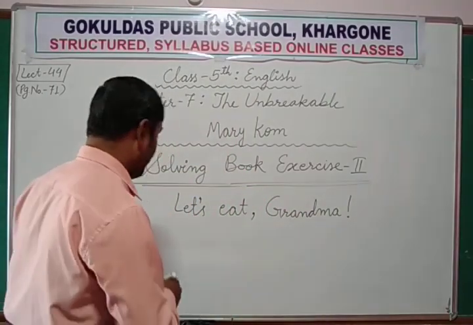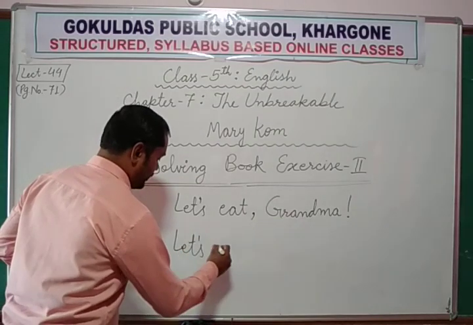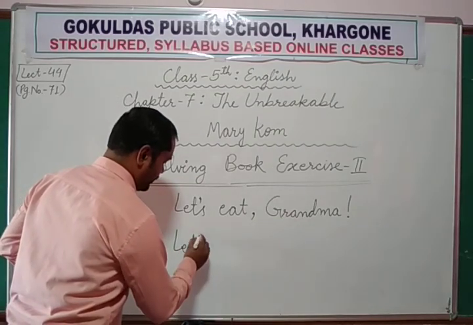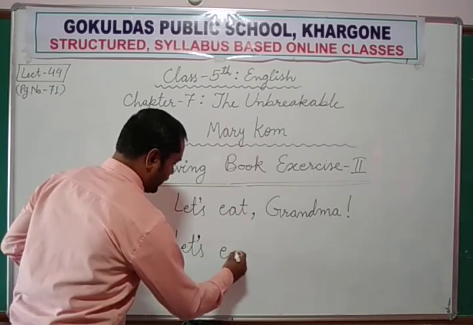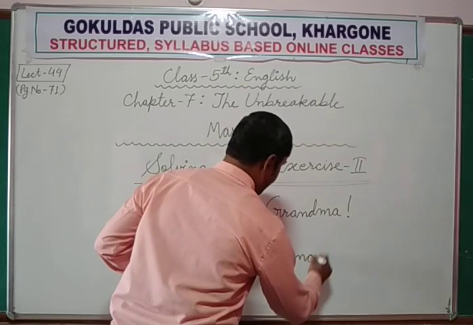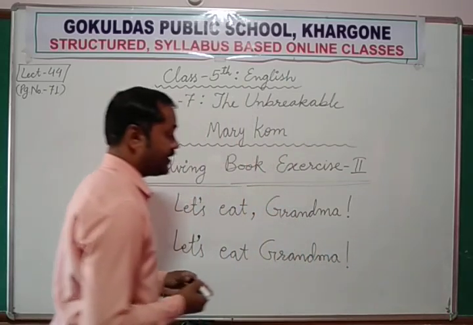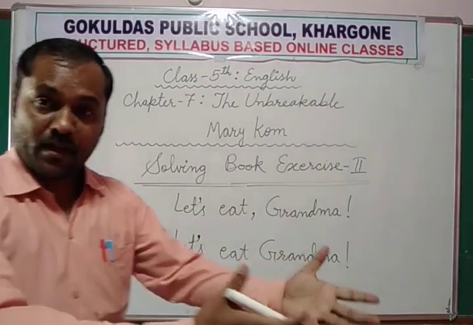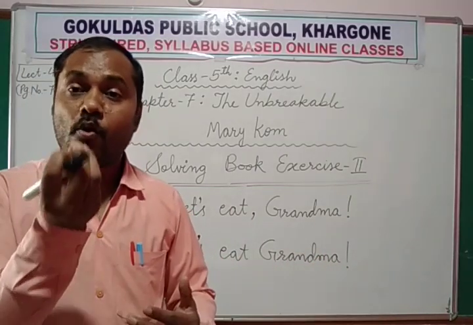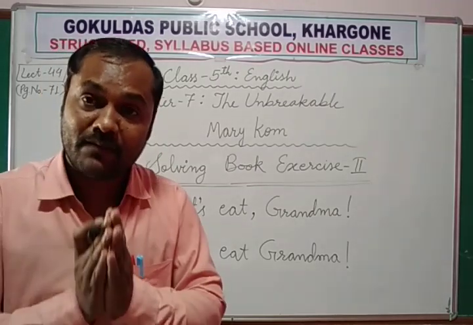Suppose we write it without comma, then what is the meaning? This is the apostrophe. Let's eat grandma. Now the meaning is different. Let's eat grandma, without pause, without any stoppage, without any break in my sentence.